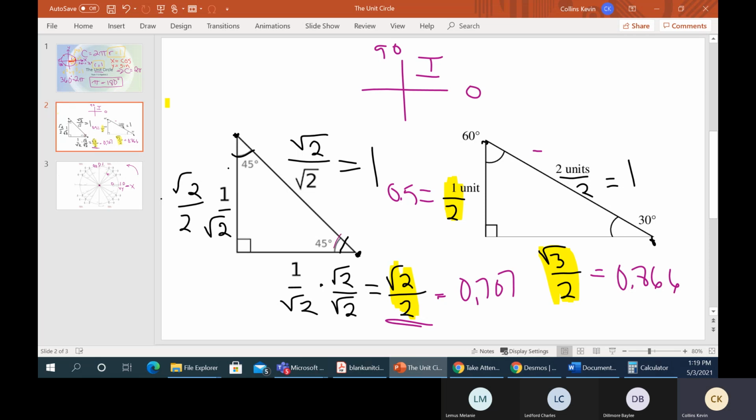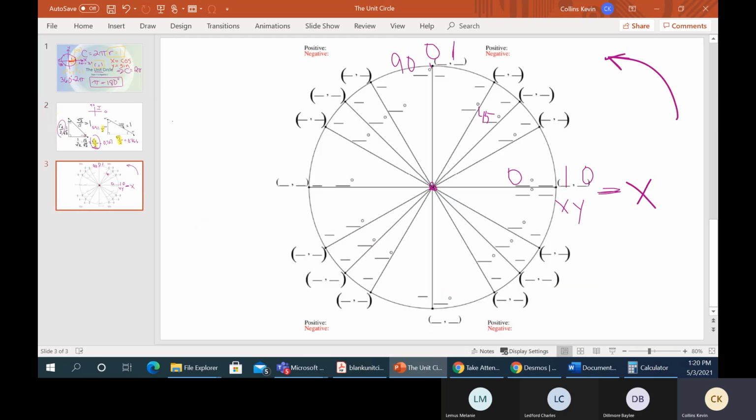What's our x and y coordinates? How about square root of 2 over 2 in both cases? All right, so let's go back. So that's telling us this is going to be the square root of 2 over 2. And this is also going to be the square root of 2 over 2. All right.